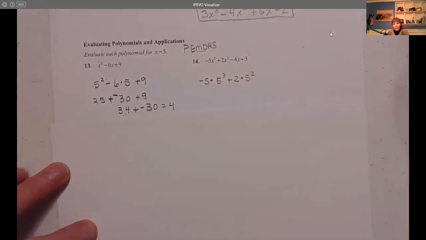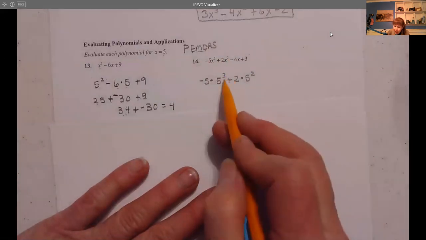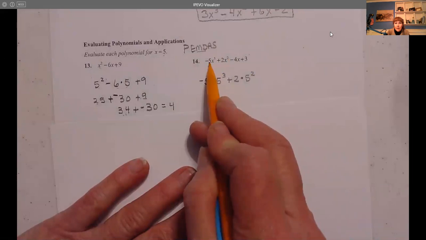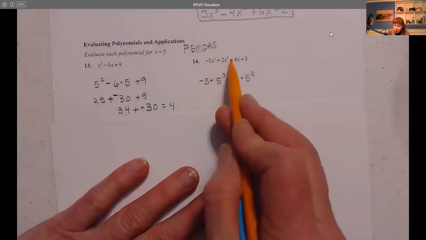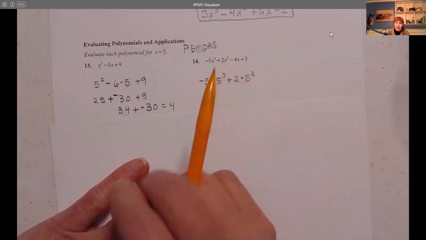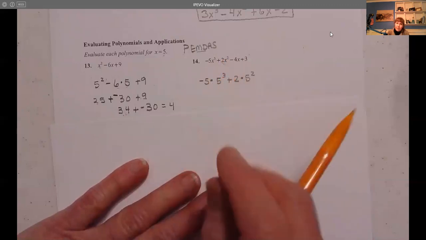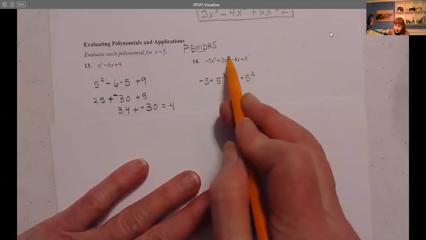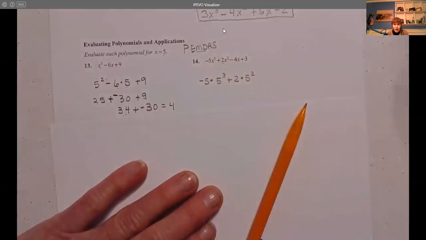Now, the reason I'm writing it like this is that you have to make sure that you cube that 5 before you multiply by the negative 5. You have to square the 5 before you multiply it by 2, because I think there were some people that had some issues with that on the test. So again, make sure you do the power before you multiply.